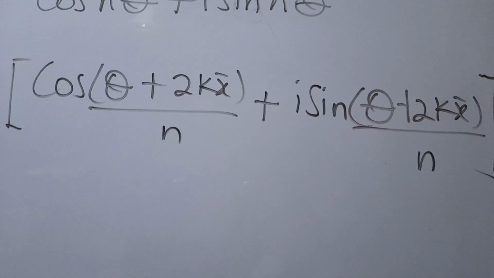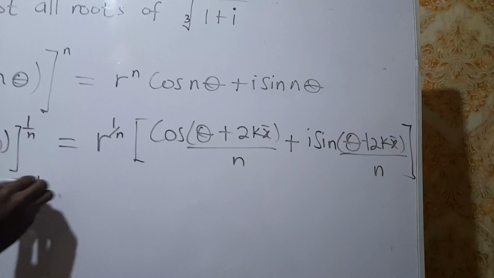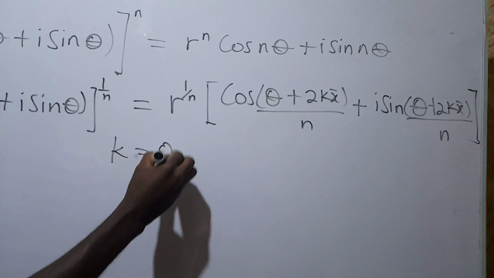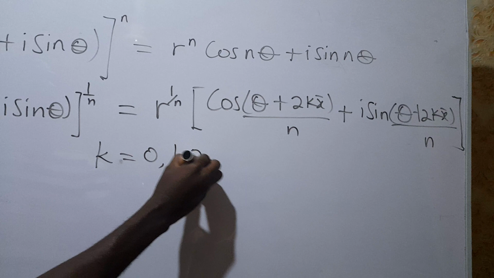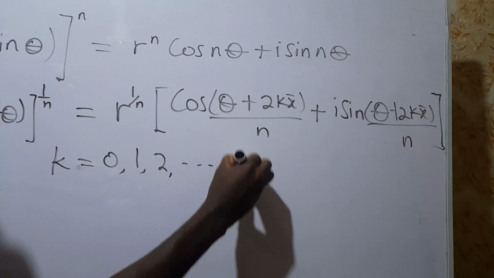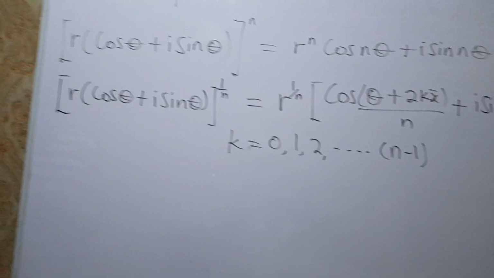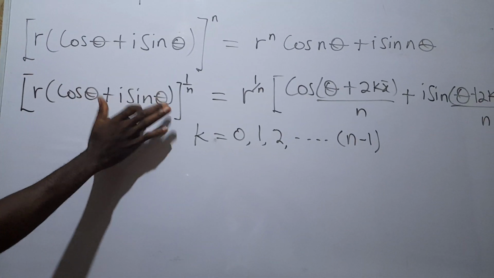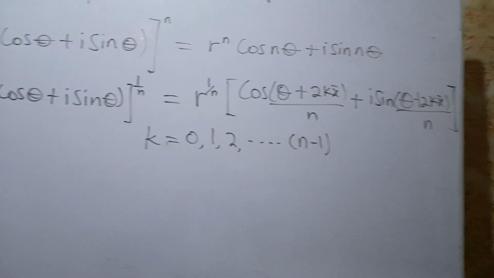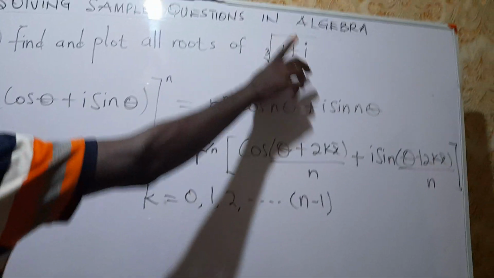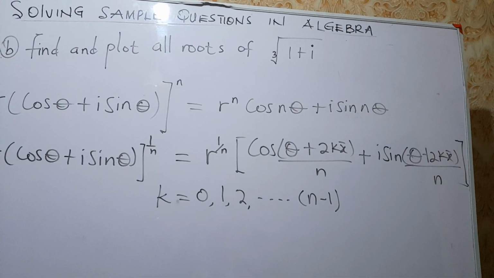Also from De Moivre's theorem, k is 0, 1, 2, up to n minus 1. This is the fact. So with this knowledge, we'll be able to find the roots for the cubic root of 1 plus i.